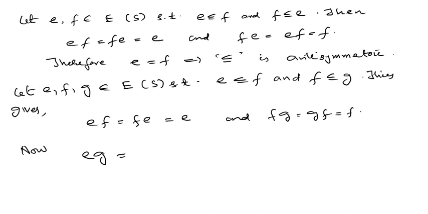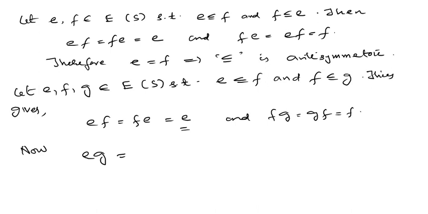So substitute the value of E here. It's either EF or FE. So what will be suitable? I should write E is equal to EF so that I can apply this FG.